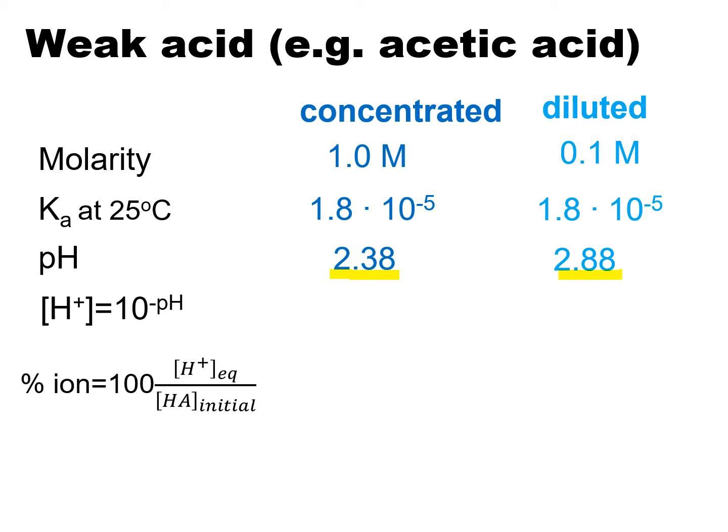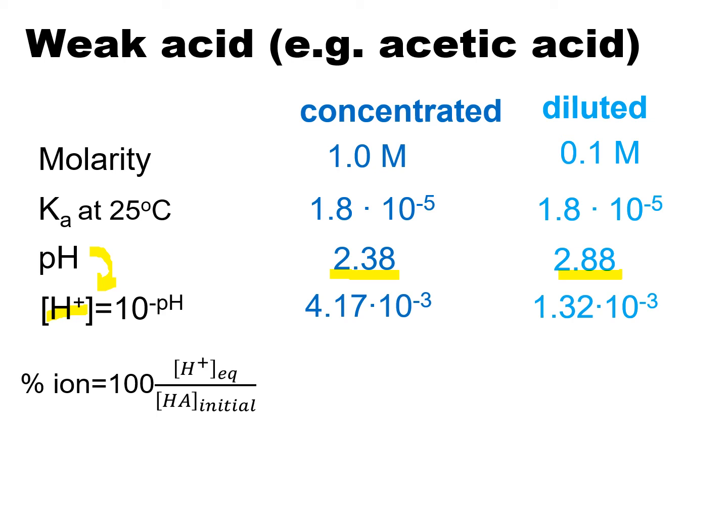This is because it's calculated through minus the logarithm. The concentration of the H plus can be calculated by elevating 10 to minus the pH of the solution. So we can calculate the concentration of the H plus based on this value, right? It's going to be in fact higher, about 3 times higher for the concentrated one, right?